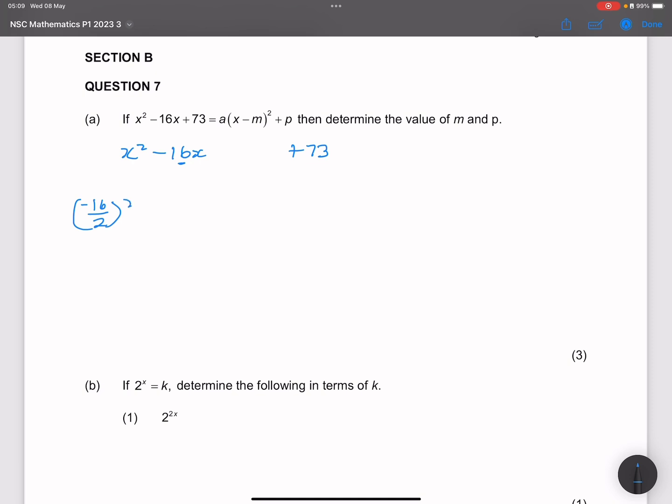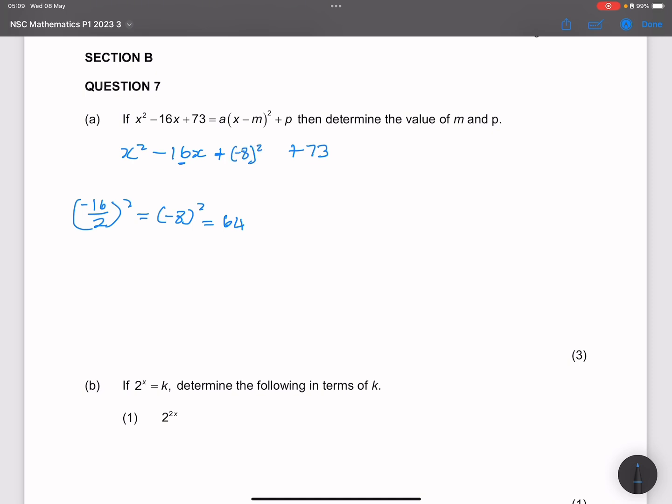Negative 16 over 2 gives us negative 8, so negative 8 squared, which is 64. But I'm going to represent this as plus, so we are adding 64 there, or minus 8 squared.